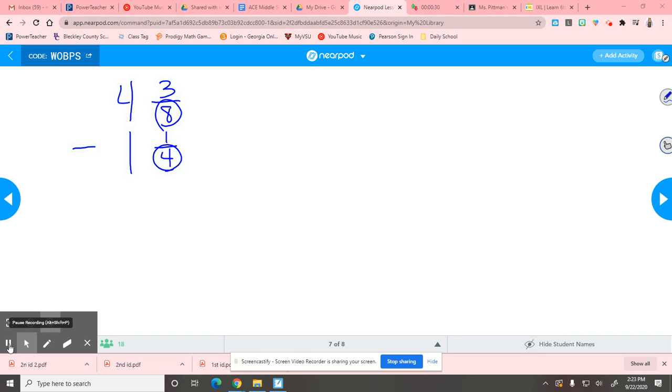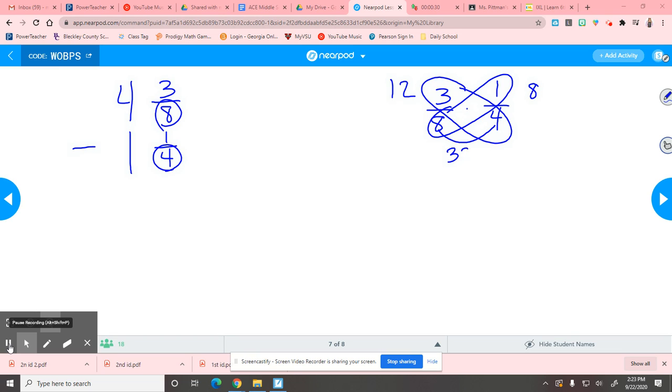So I'm going to put 3/8 and 1/4 into the butterfly. 3 times 4 is 12. 8 times 1 is 8. 8 times 4 is 32.